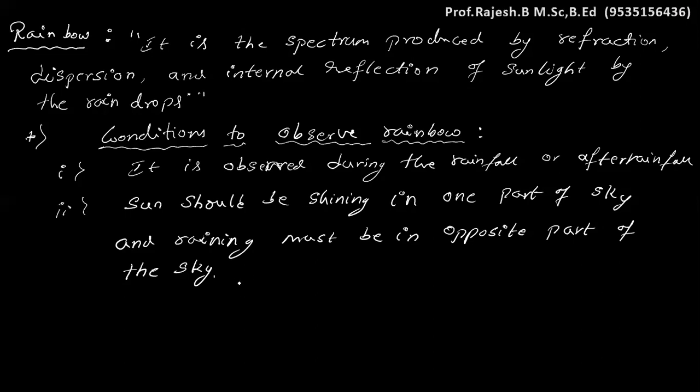Next, types of rainbow. There are two types of rainbow: one is the primary rainbow and the other is the secondary rainbow. First, the primary rainbow. Let us understand some points about the primary rainbow. Here there are two refractions and one internal reflection of light.